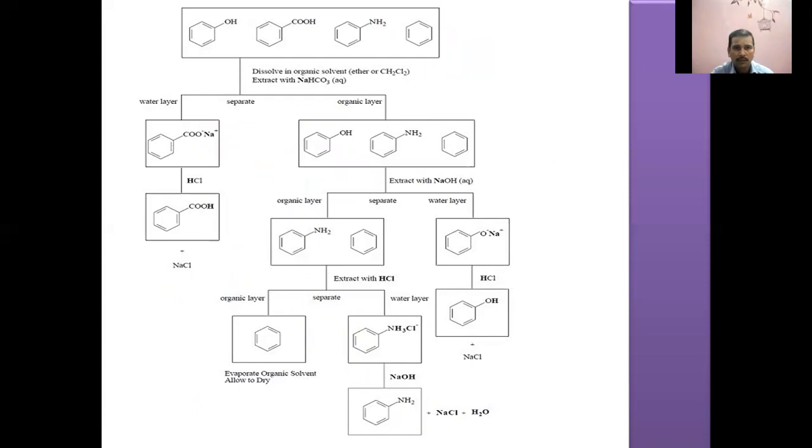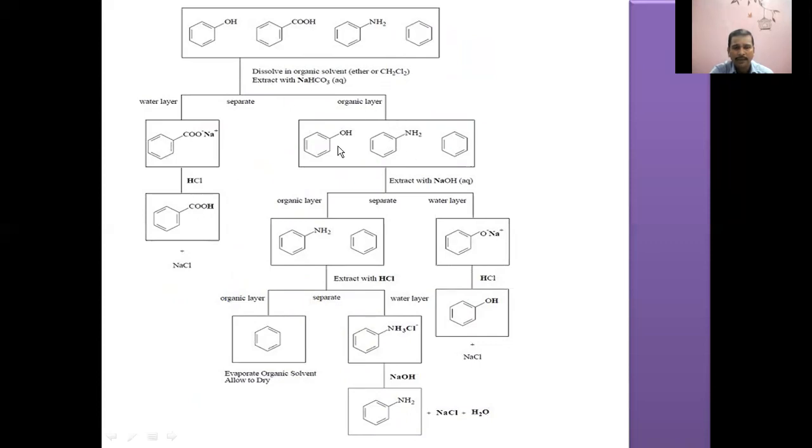And this is also the same kind of example, showing the separation of phenol, benzoic acid, aniline, and benzene. So take the organic layer in dichloromethane, treat with sodium bicarbonate. Sodium bicarbonate will react with benzoic acid to produce sodium benzoate, and this will come to the aqueous layer. You treat the aqueous layer with HCl to get benzoic acid.